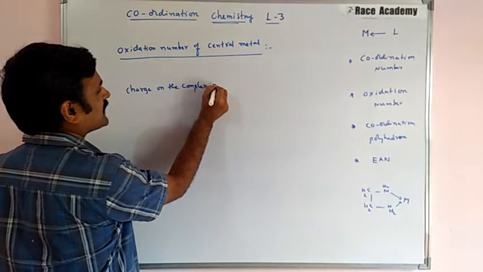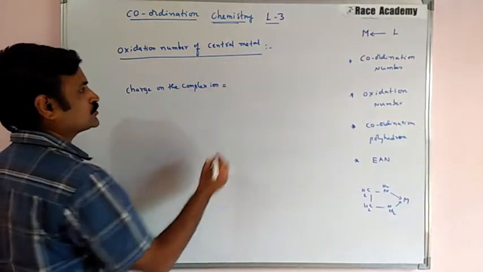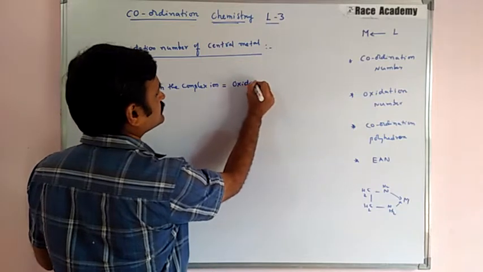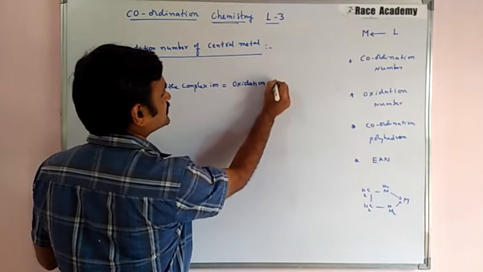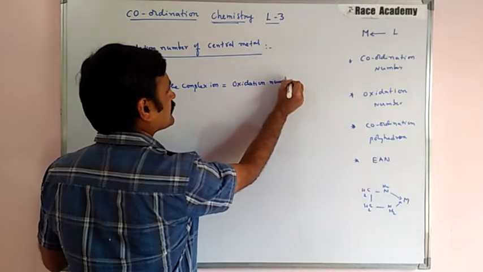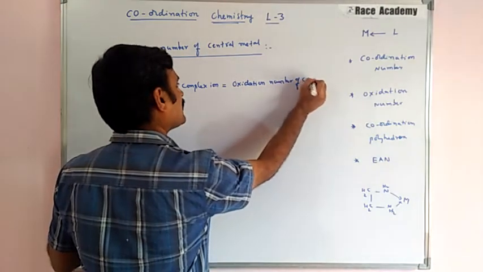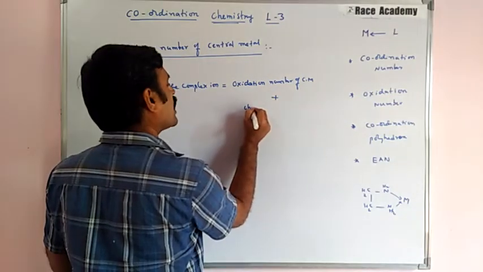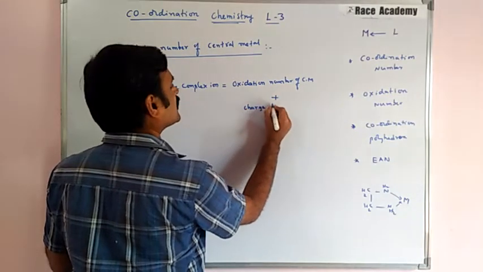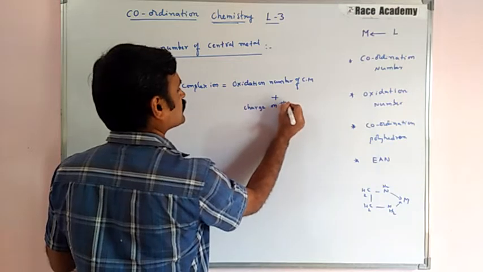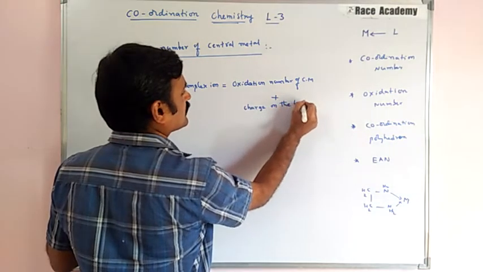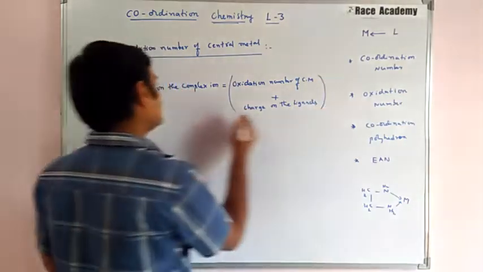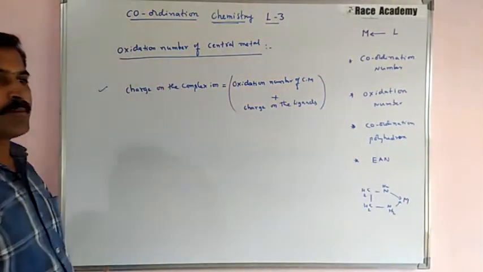You can take it as: charge on the complex ion equals the oxidation number of central metal plus the total charge on the ligands. In this way we can understand the charge on the complex ion.